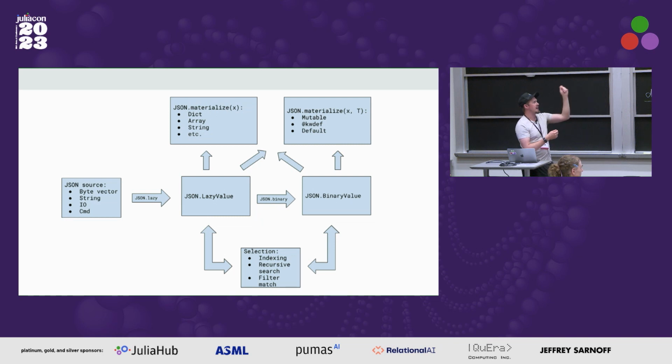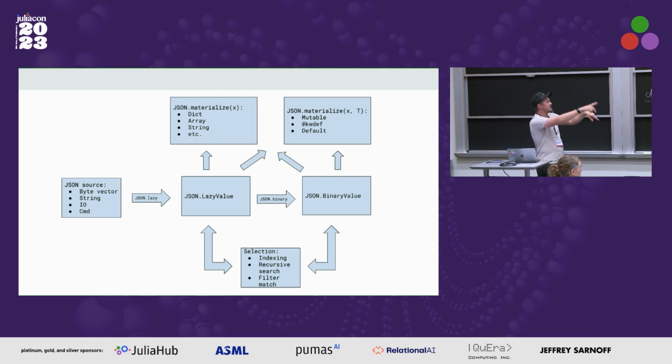Or you can give it a type, and this is where it follows JSON 3, where you can have some control over whether it's a mutable deserialization, or this actually supports the keyword def. So if your type is defined with keyword def, you can specify that, and it'll construct it like that. Or also the default, where you just pass the arguments to your constructor in the right field order.